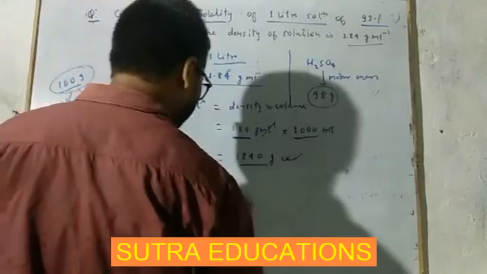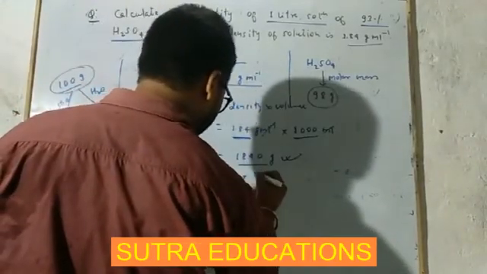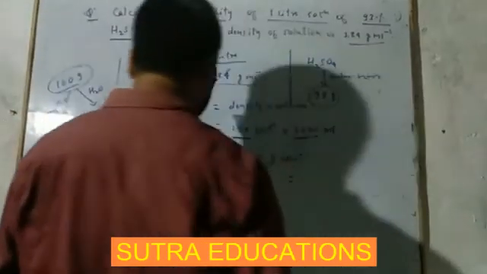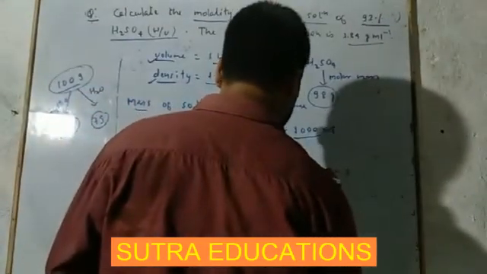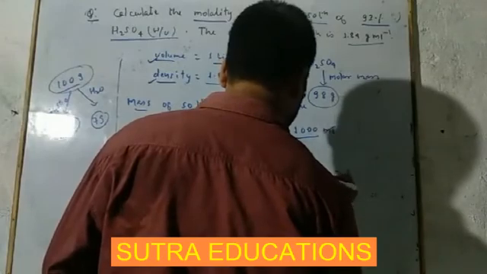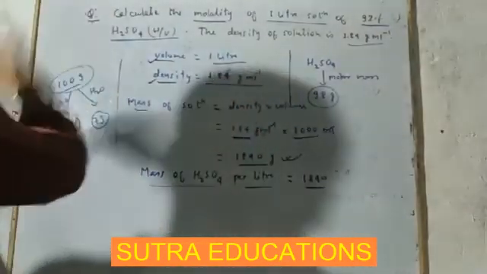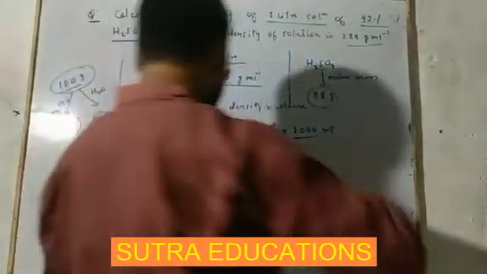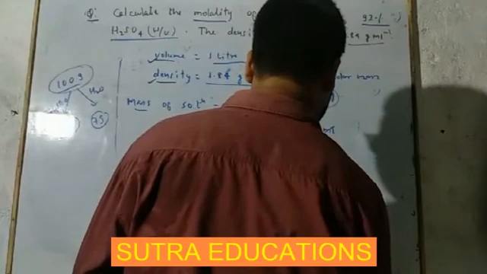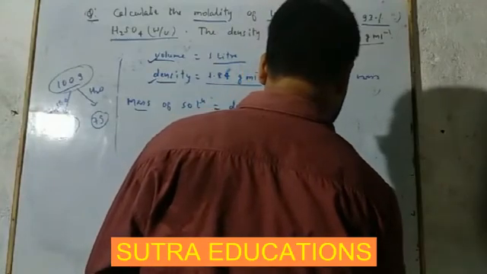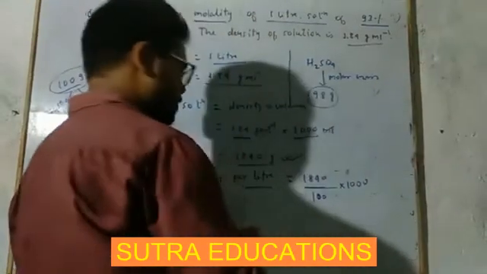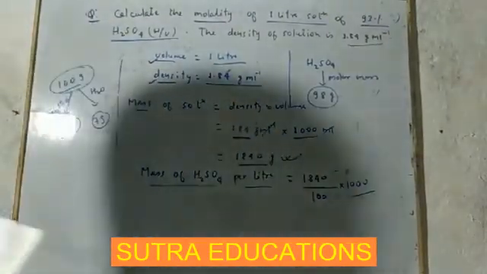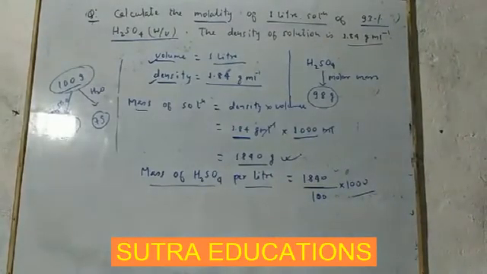We will calculate mass of H2SO4 per liter, multiplied by 1000. Okay, we are going to calculate mass per liter.